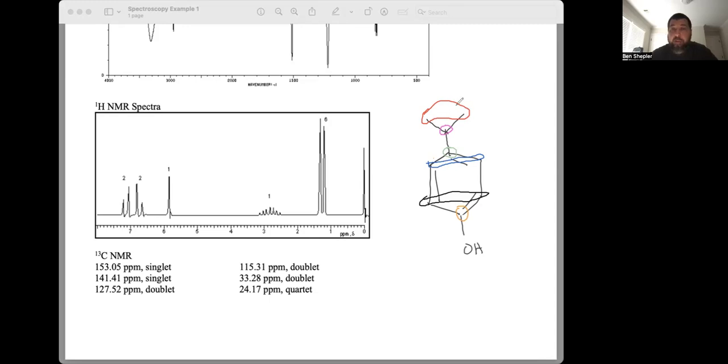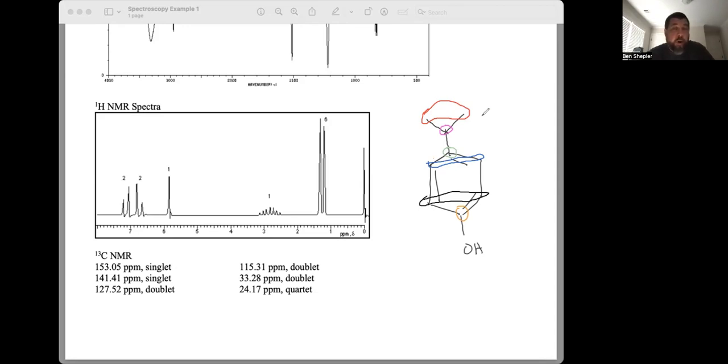But if I consider the two carbons on the top, the two methyls from the isopropyl, what would their multiplicity be? Double. Okay, so I know where you're getting doublet from, and you want to remember that for carbon-13 NMR, the splitting isn't determined by neighboring hydrogens.